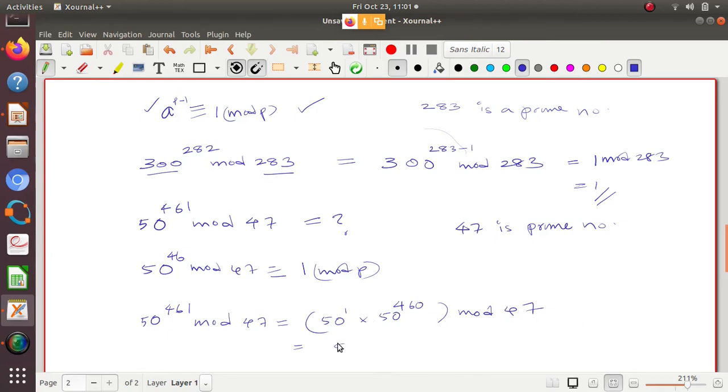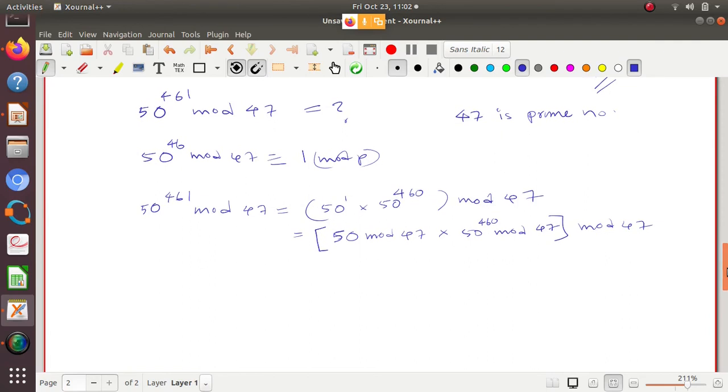So this can be written as 50 mod 47 into 50 to the power 460 mod 47, whole mod 47.